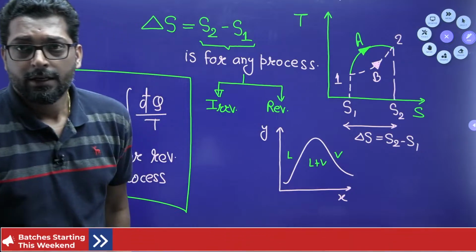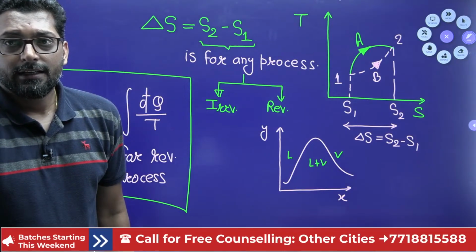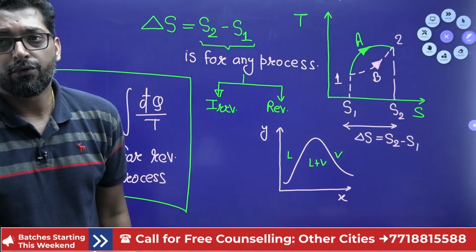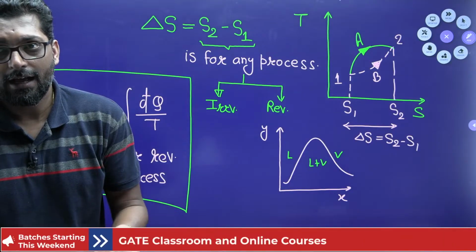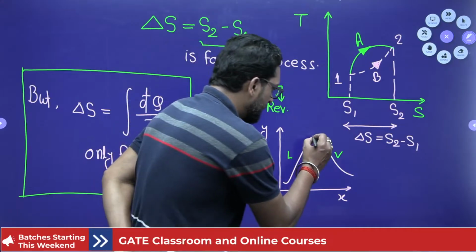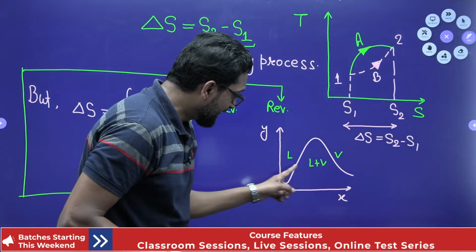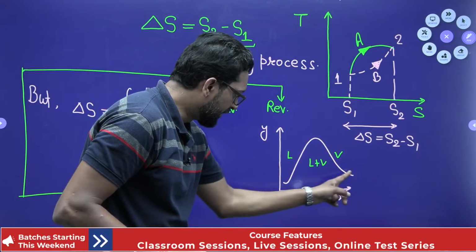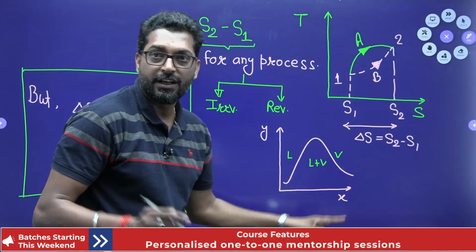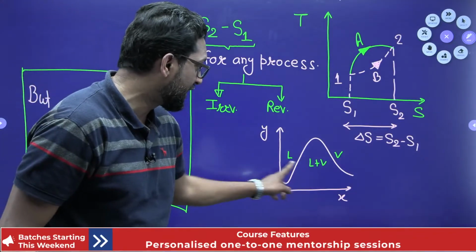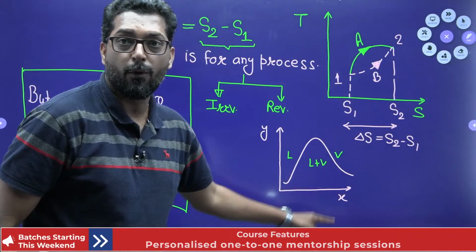And can the triple point of the water graph be valid for this? Triple point is in this graph. In this graph there is a line, it is not a point.